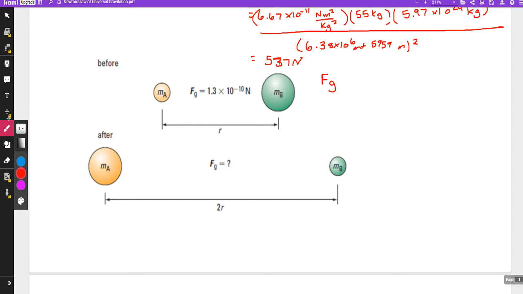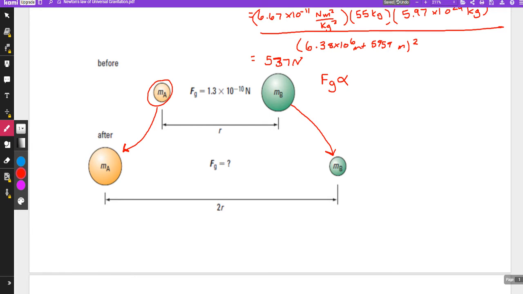We know Fg is usually the gravitational constant, the masses, and the radius, but what we want to find first is just deal with the masses. So this is Fg in relation to the masses, so we use this proportionality sign. Now, if I look from here to here, and then I look from here to here, we can see how those differences are coming into play.